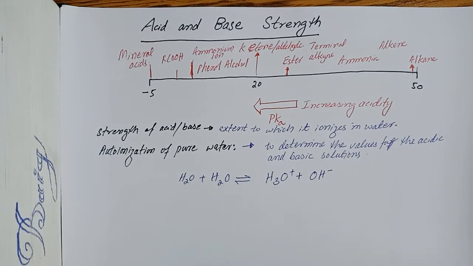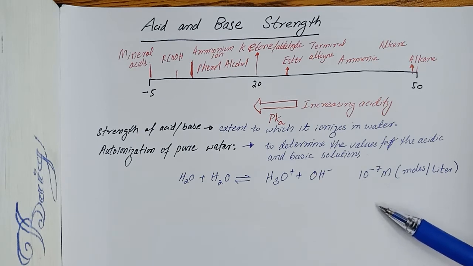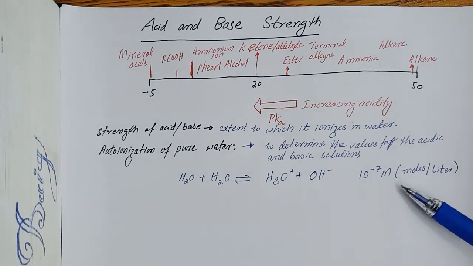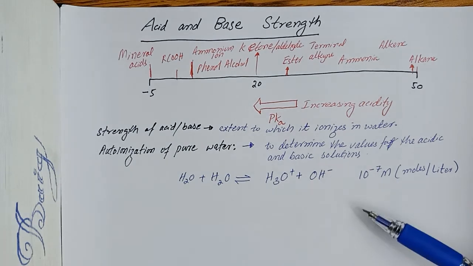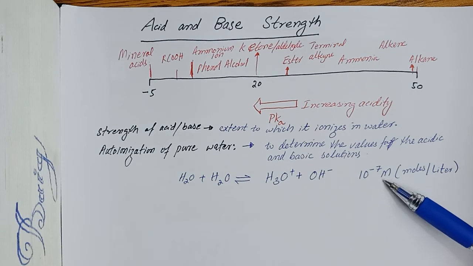low at 25 degrees centigrade, and it is almost 10 to the power minus 7 molar, or moles per liter. So this is a small fraction of the molecules undergoing the process of autoionization within the water. This amount of hydroxide ion or hydronium ion within the water, this molarity, is considered a neutral solution.